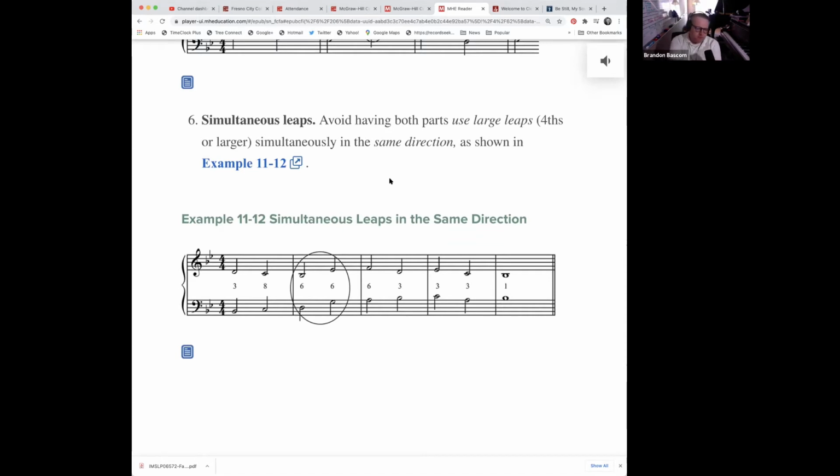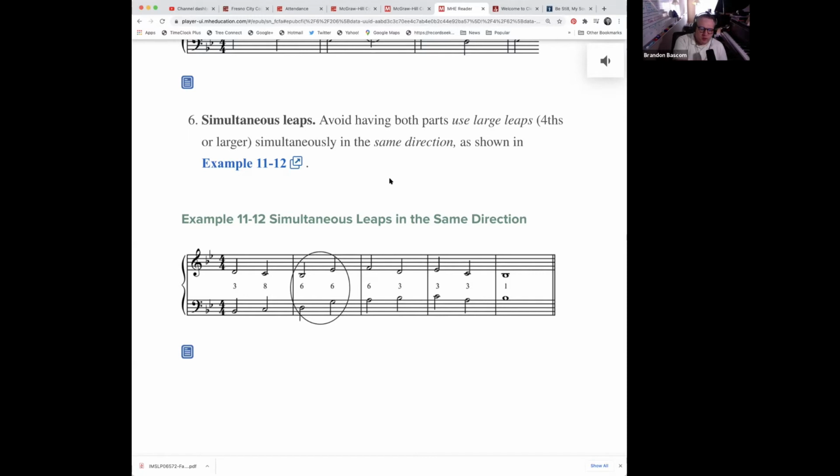All right. Simultaneous leaps. Avoid having both parts use large leaps, fourths or larger, simultaneously in the same direction, as shown in example 11-12. So we don't want large leaps that are bigger than a fourth simultaneously in the same direction in both voices.